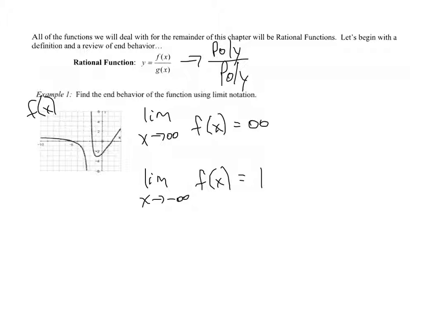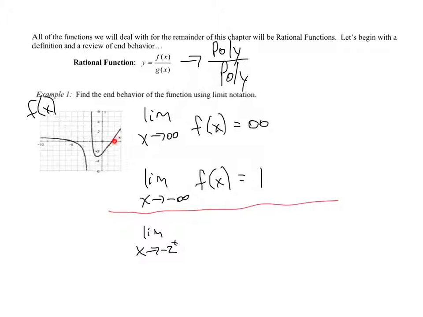And then maybe some extra stuff since we have a little time here. Let's talk about that vertical asymptote at negative 2. If we want to use limit notation for that, I could do it, but I'd have to talk about it in two different ways. I'm going to say as x approaches negative 2, but if I put a little plus symbol right here, that means I'm going to look at it coming from the positive side.